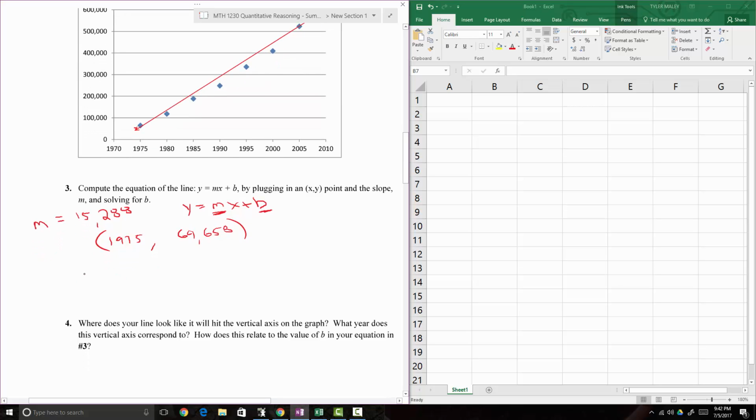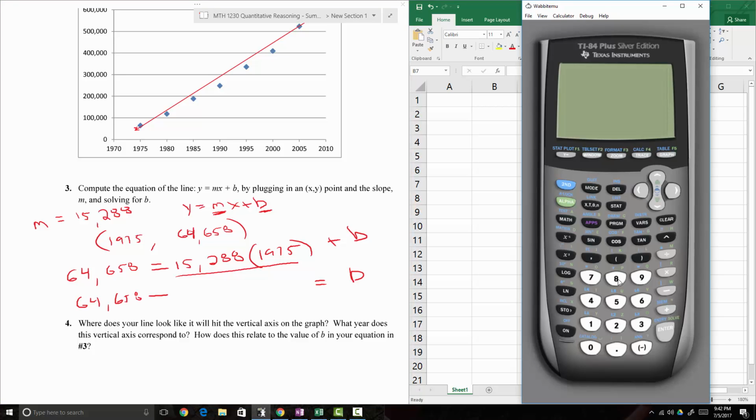So what we would have is 64,658 equals my slope, which is 15,288, times x, which is 1975, plus b. I need to subtract off this value from both sides. So let's go ahead and find that: 64,658 minus this would be equal to b, after I solve.